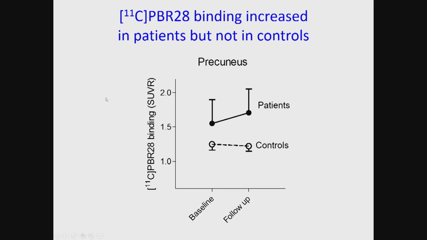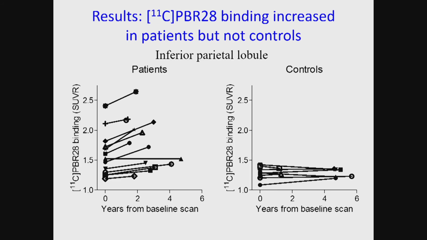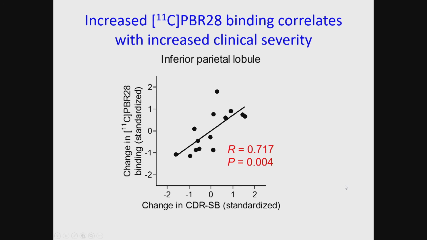And what we found is that the PBR28 binding increased in the patients, in every patient, and there was no change in controls over this 2 to 4 year period of time. The individual subjects are shown here. Every subject over this period increased in this neuroinflammation, whereas in the controls there was no increase whatsoever. But again, arguably the most important thing is the correlation here.